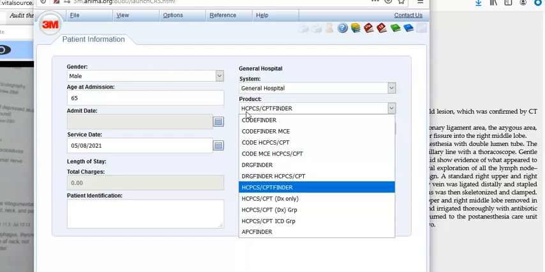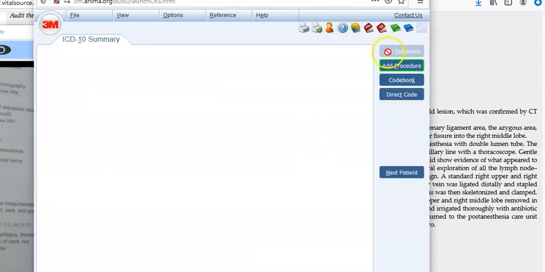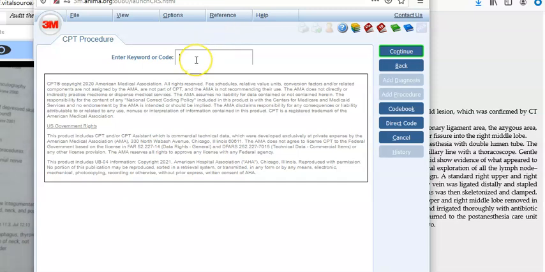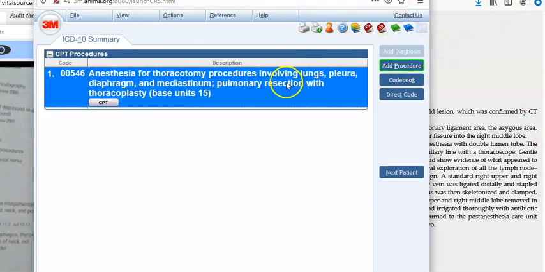We're not looking up an ICD diagnosis. So we're going to go to HCPCS CPT Finder, hit Continue. Then we're going to hit Add Procedure. So we know the procedure that was given was the 00546. So you can put that in there and look at it if you want.